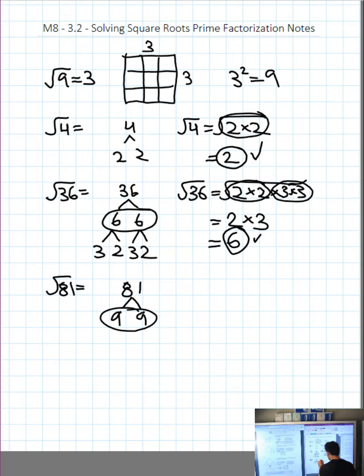Therefore, the square root of 81 is 9. Get your calculator out. Square root of 81 is 9, or 9 times 9 equals 81. Check mark. So we are doing prime factorization, then writing the numbers that multiply to get those numbers underneath the square root, and then looking for identical pairs.